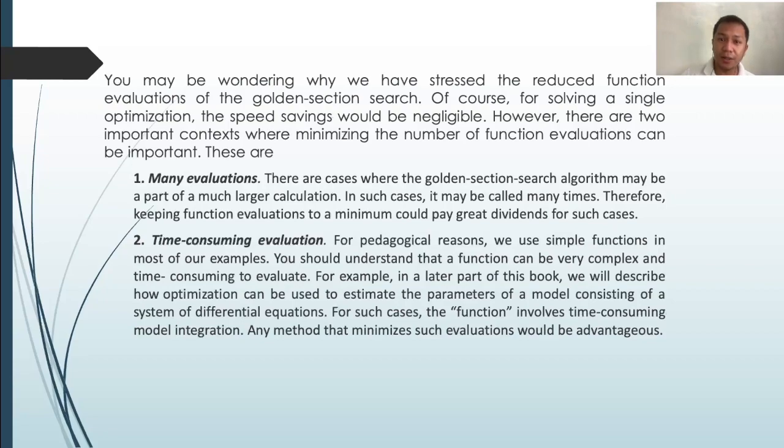The first is many evaluations. There are cases where the golden section search algorithm may be a part of a much larger calculation. In such cases, it may be called many times. Therefore, keeping function evaluations to a minimum could pay great dividends for such cases.